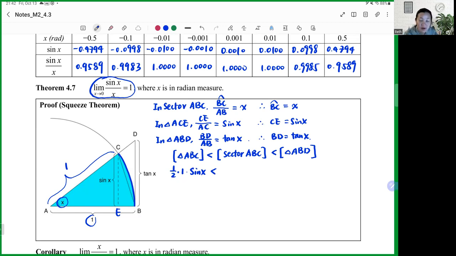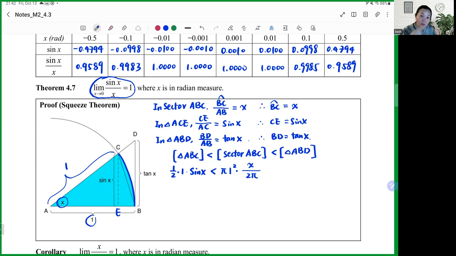The sector of ABC is equal to pi r squared times the angle ratio. Usually we use theta divided by 360, but here we cannot. We must use x divided by 2 pi, as the angle at the center is x, and the whole circle is 2 pi, meaning 360.